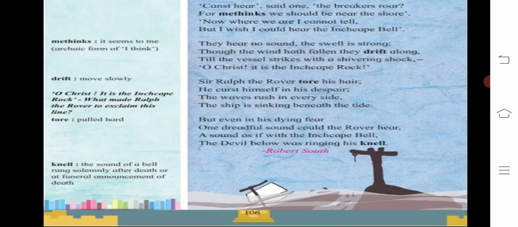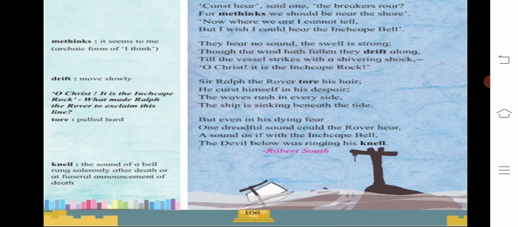And now they were calling God. So he was saying, oh Christ. This is apostrophe. The poetic device is called apostrophe, addressing some absent person, dead object, or even God. So O Christ is apostrophe.